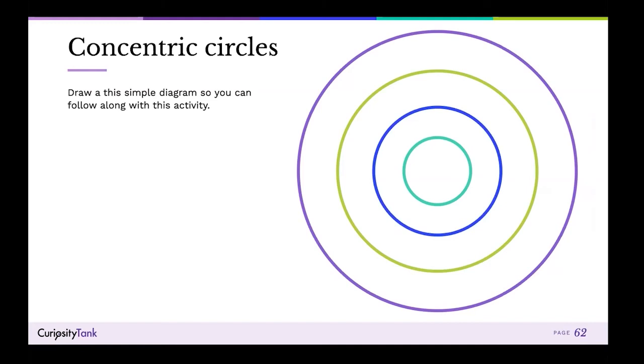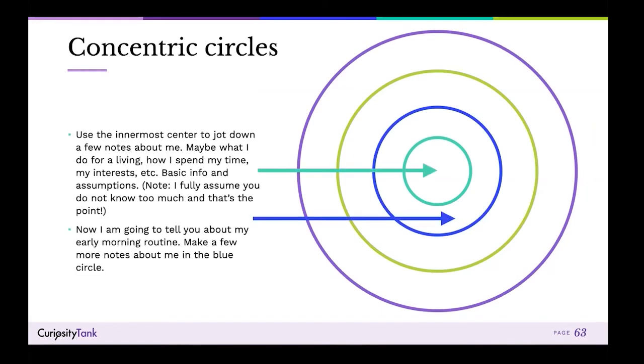Okay. And what I'm going to do is reveal a few situations to you, a few things about myself. And what I'd like for you to do first is in that very, very innermost circle, jot down a few notes about me, maybe what I do for a living or what you assume about how I spend my time, basic info, right? And assumptions.